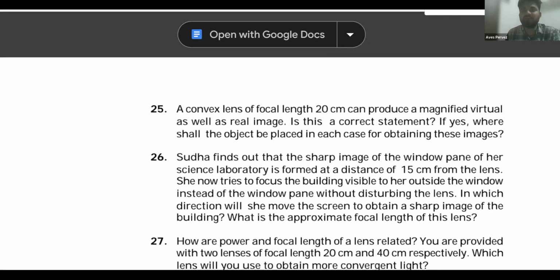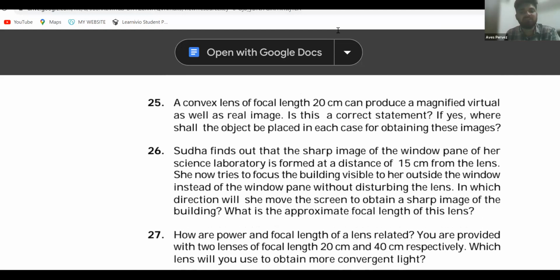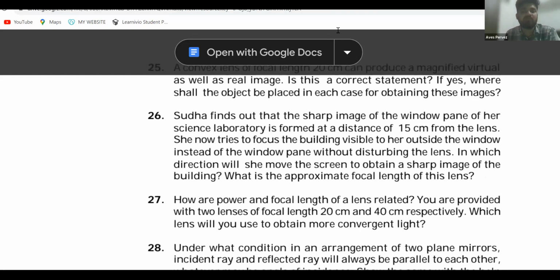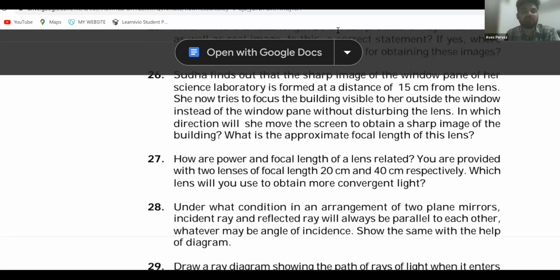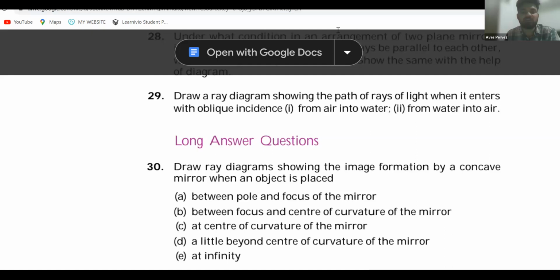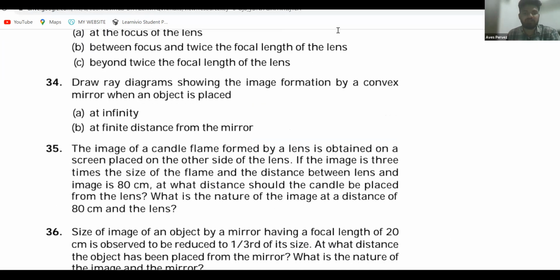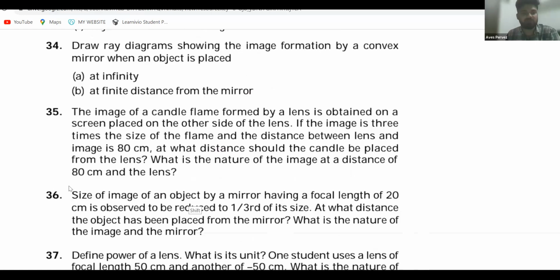It's my request to everybody that you must keep on practicing these numerical problems, and this will help you a lot. This will build your base. So let's take any questions from this one. Let's take this question. Question number 36.